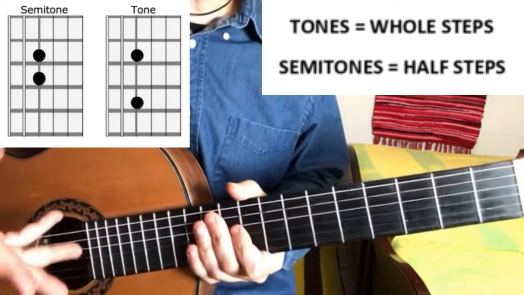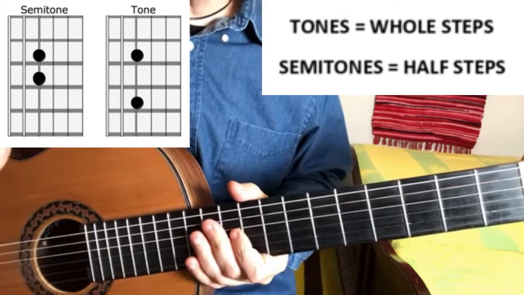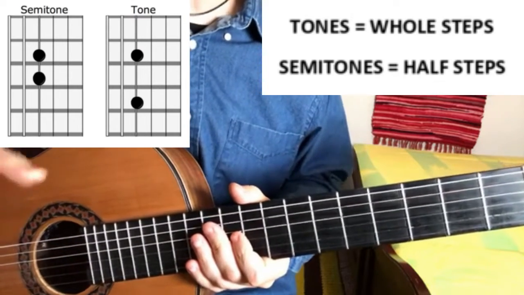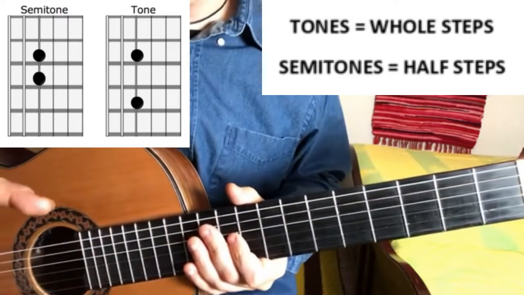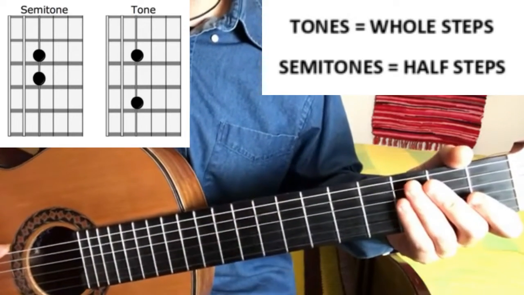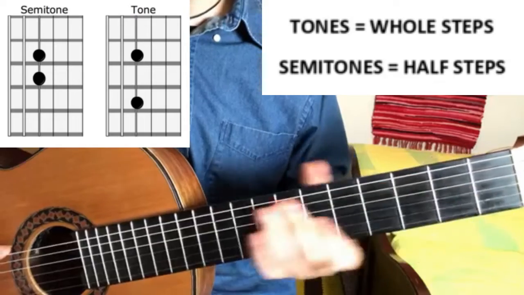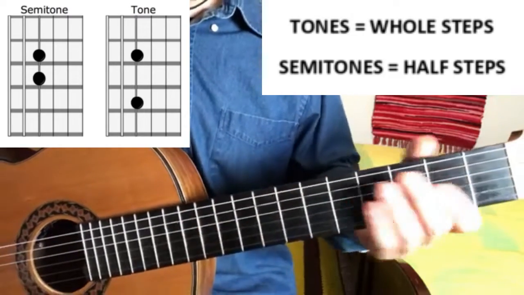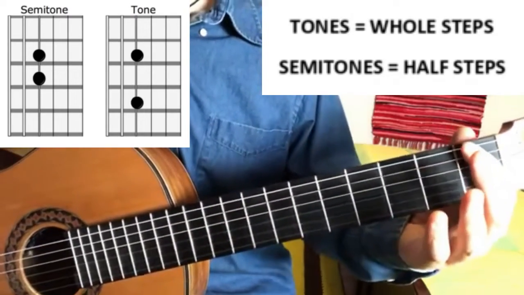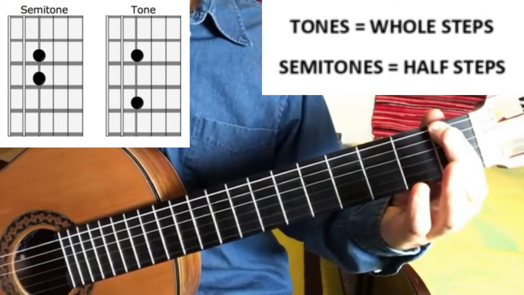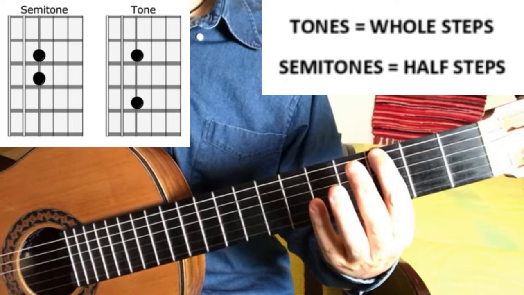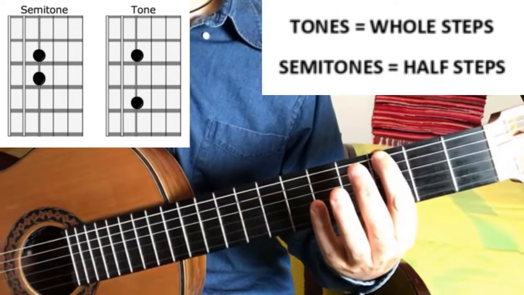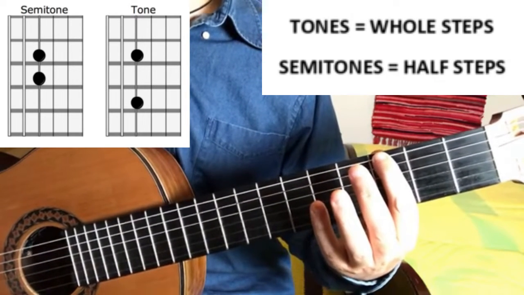Whole step is the North American term, and tone is the term in Europe. So the tone or a whole step is the distance between, let's say, F and G, which is a tone or a whole step.